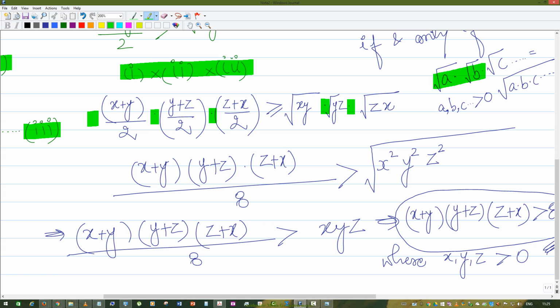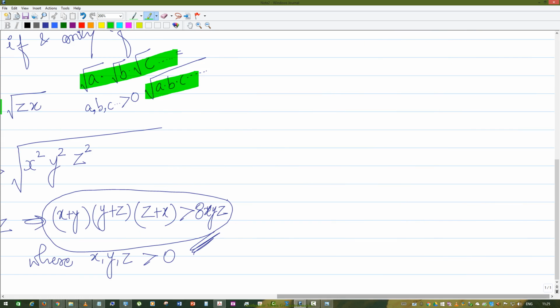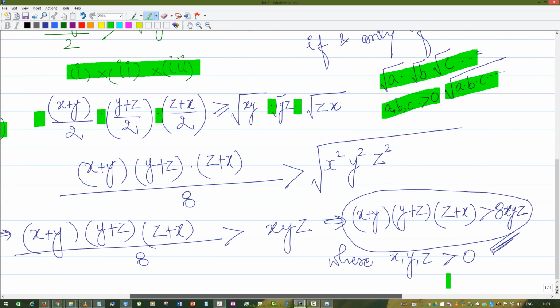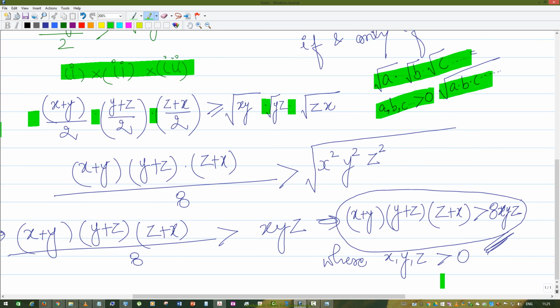Remember this is equivalent to writing xyz if and only if this condition is satisfied. So we end up getting (x plus y)(y plus z)(z plus x) upon 8 is strictly greater than x times y times z, and upon cross multiplying we can just multiply the LHS and RHS by 8. We will have this result.